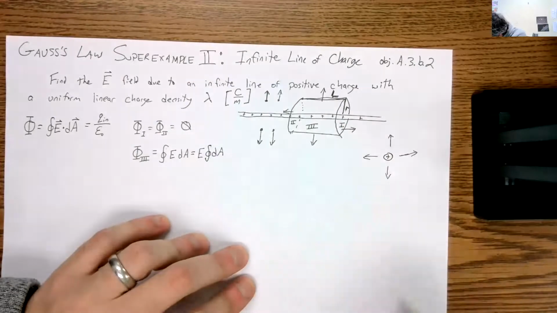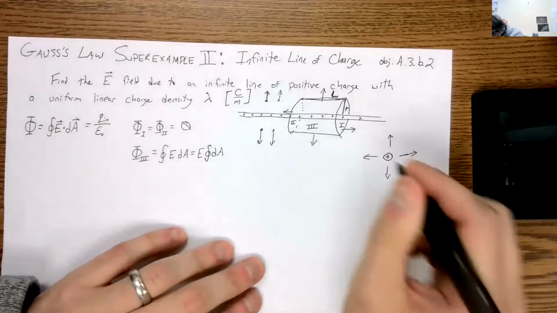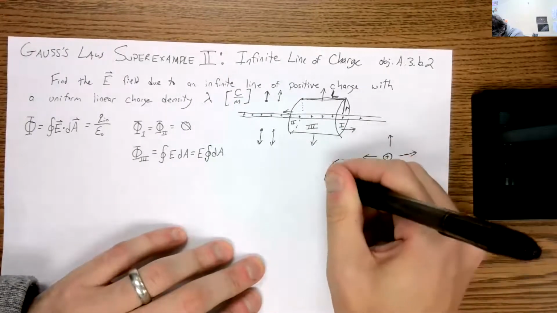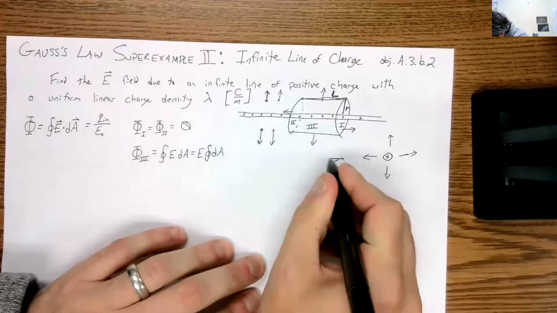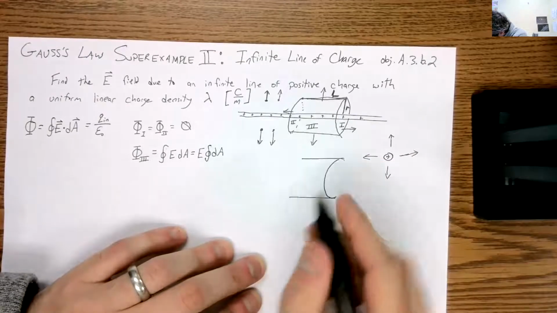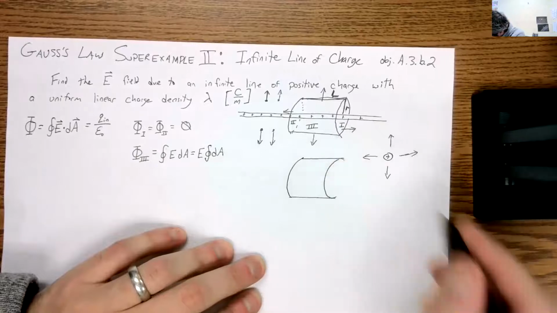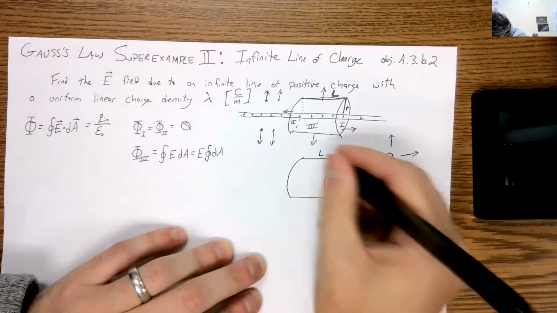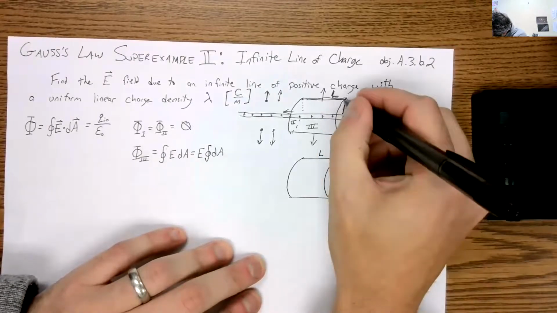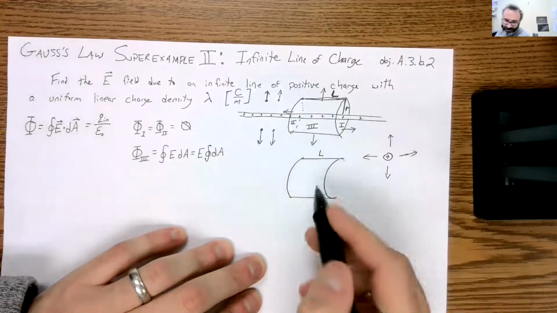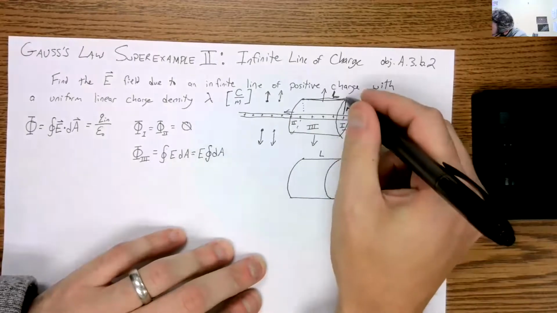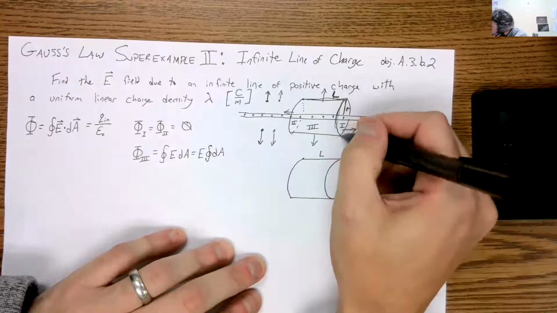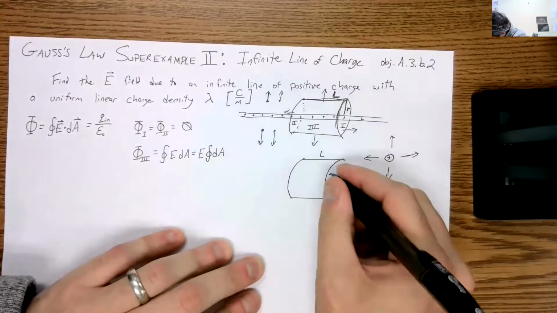Let me see if I can draw an unrolled cylinder so that we can flatten it out. This is still L, and if we unroll it, this side of it, in this partially unrolled picture, is the circumference of the end cap, not the area, so 2 pi r.